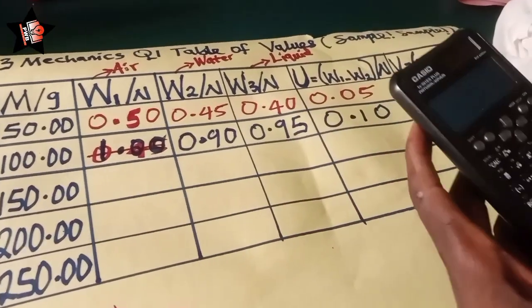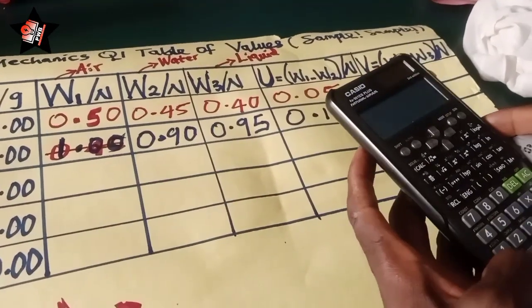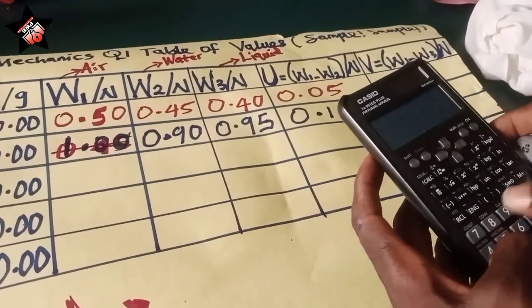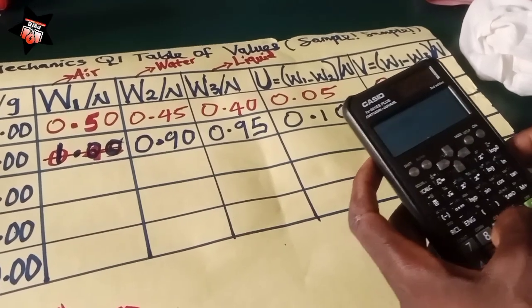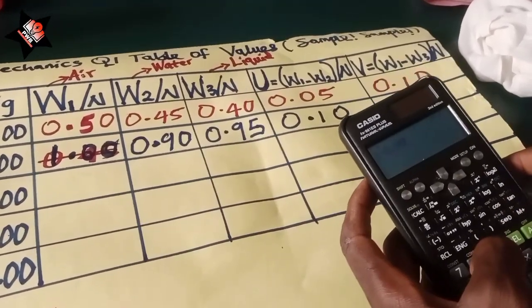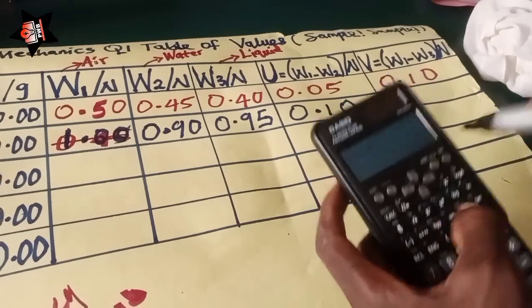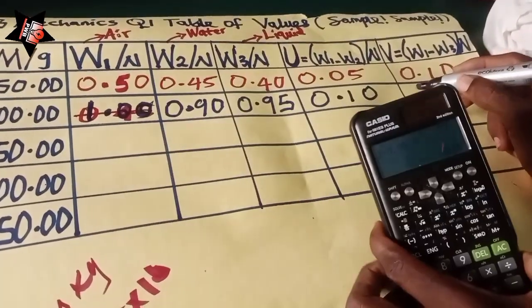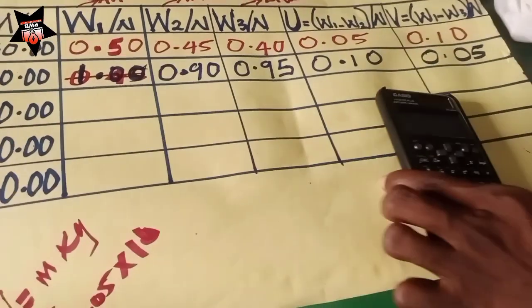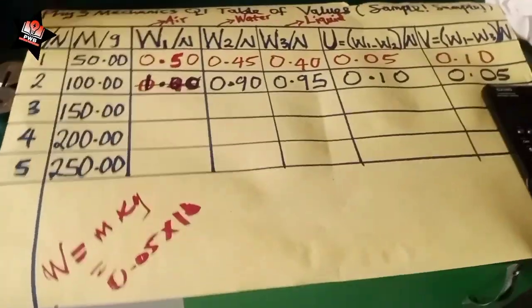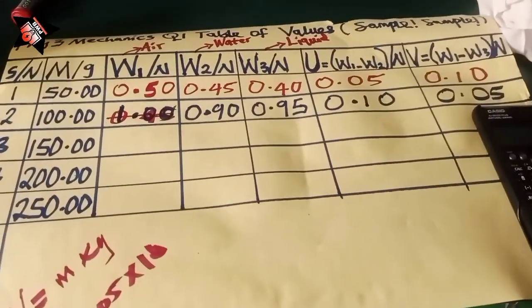So we say again that 1 minus 0.95, we have 0.05. And so this is what you have to do for all of the values.